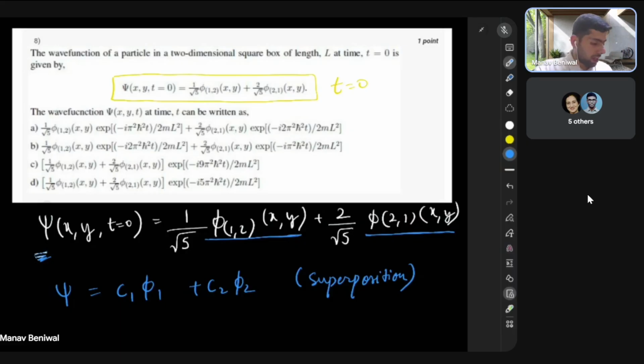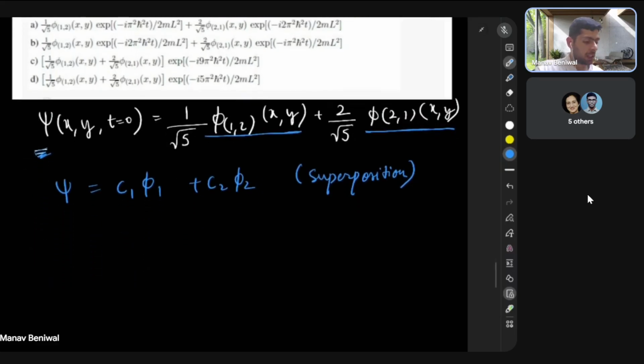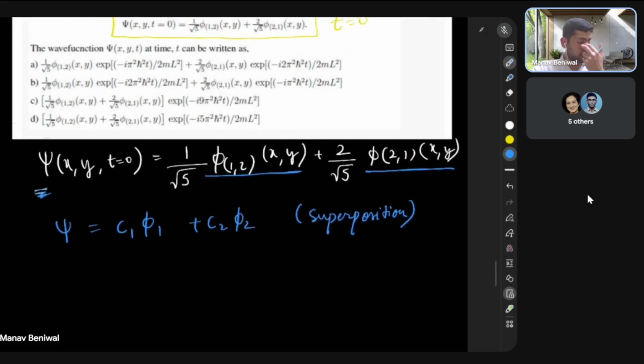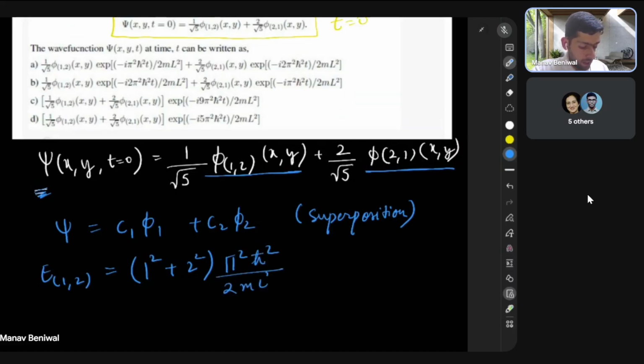Now what is phi 1 2? Because the particle is in a two-dimensional box, for phi 1 2 our energy, let's write it as E 1 2, will be 1 squared plus 2 squared times pi squared h cut squared over 2 m L squared.